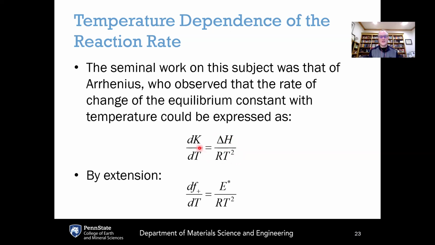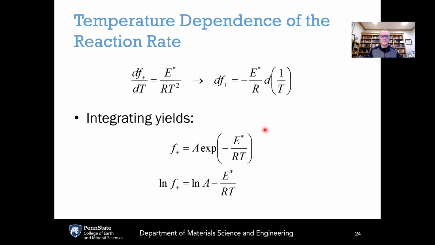And by extension, if you use this differential equation for the temperature change of the reaction rate, the d ln of the forward rate of reaction with respect to temperature is equal to some E star, that would be the activation barrier for that forward reaction, divided by RT squared.